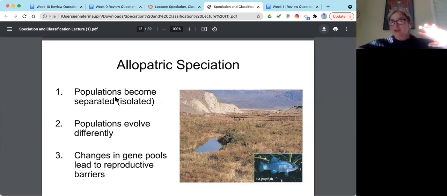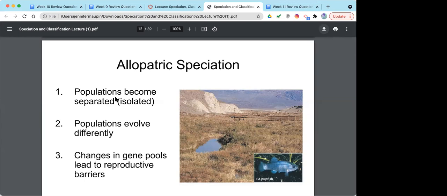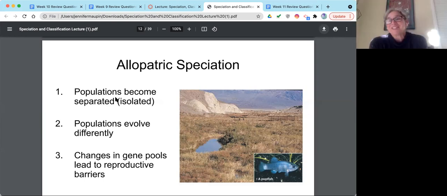And now they're going to evolve differently from the other population. Why would they evolve differently? Random chance? Could be, right? It could be just genetic drift because they're a small population. So there's just a random chance.